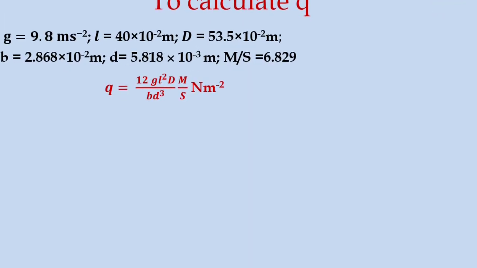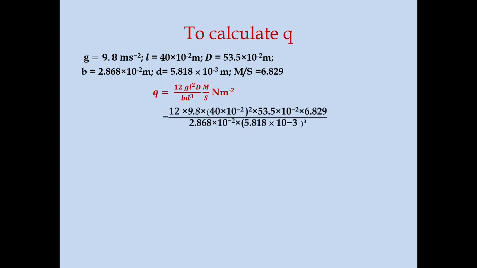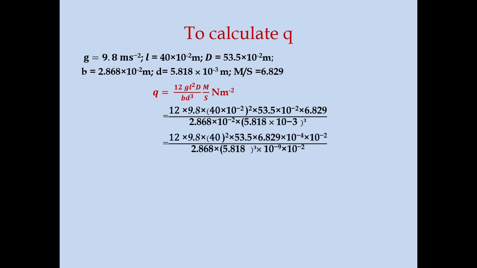So we know the formula Y is equal to 12 mg L square D by B D cube s, where the m by s has been taken outside and written separately. Substituting all these values, we get 12 into 9.8 into 40 into 10 power minus 2 the whole square into 53.5 into 10 power minus 2 into 6.829 divided by 2.868 into 10 power minus 2 into 5.818 into 10 power minus 3 the whole cube.